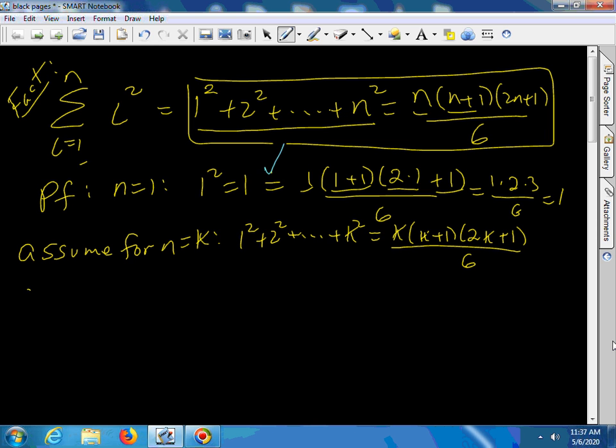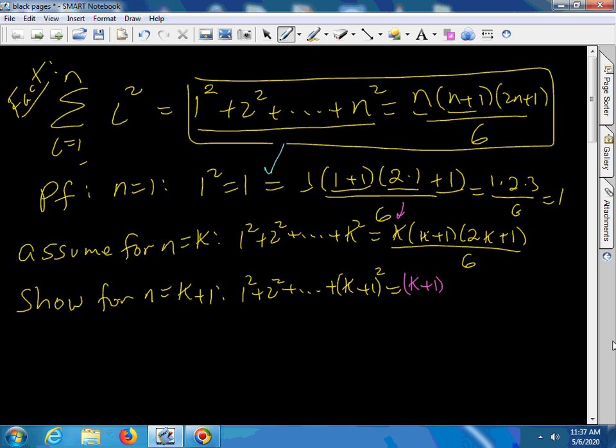Now, what we want to do is show for n equal to the next value, k plus 1, that 1 squared plus 2 squared all the way up to k plus 1 squared is equal to, instead of k, I'm going to say k plus 1. k plus 1 plus 1 is k plus 2. 2k is going to be 2 times k plus 1 plus another 1.